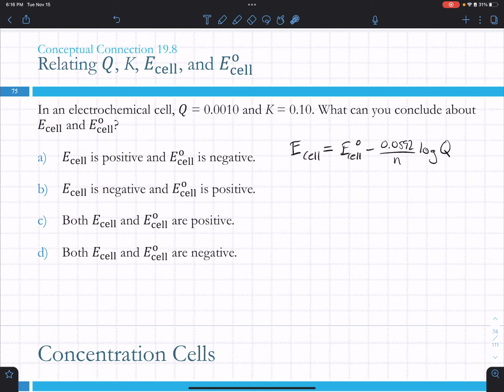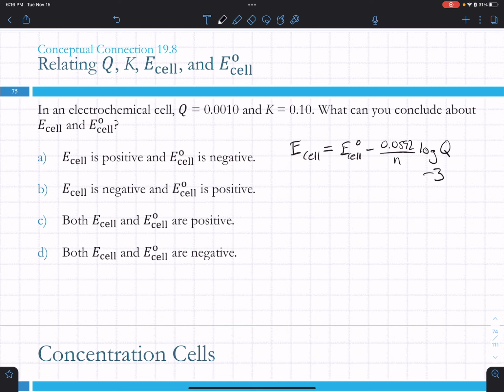See what happens. Negative. So if I take that negative number from this, it ends up being negative 3. Negative 3 times negative 0.0 whatever, doesn't matter. There are two negatives, so it has to be positive. So E cell has to be positive.